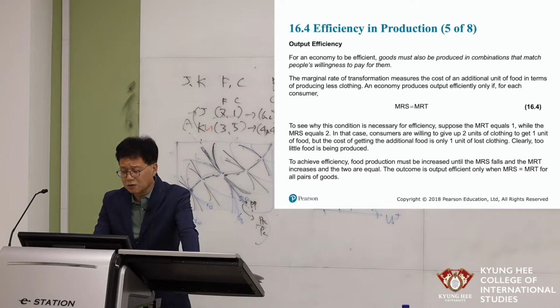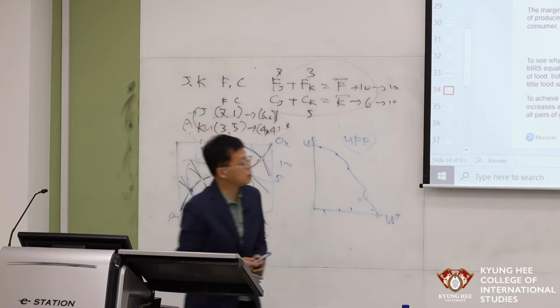The marginal rate of transformation measures the cost of an additional unit of food in terms of producing less clothing. An economy produces output efficiency only if for each consumer MRS is equal to MRT. That is output efficiency, equation 16.4, right?